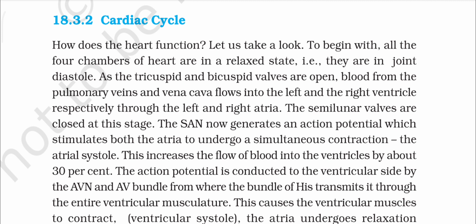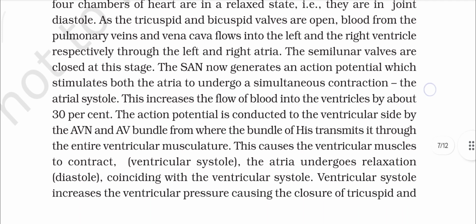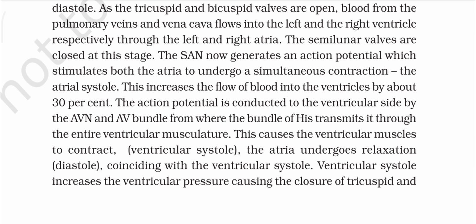The sinoatrial node generates an action potential which stimulates both the atria to undergo a simultaneous contraction, the atrial systole. This increases the flow of blood into the ventricles by about 30%.